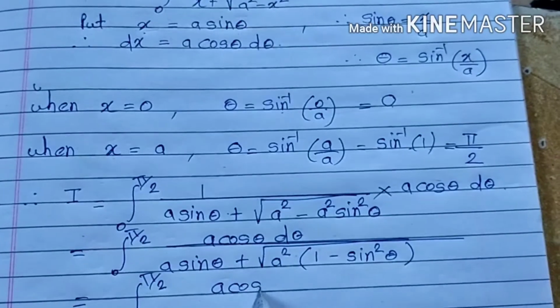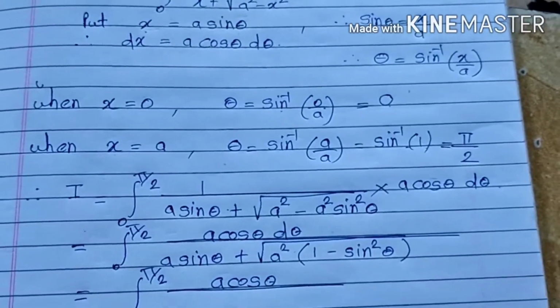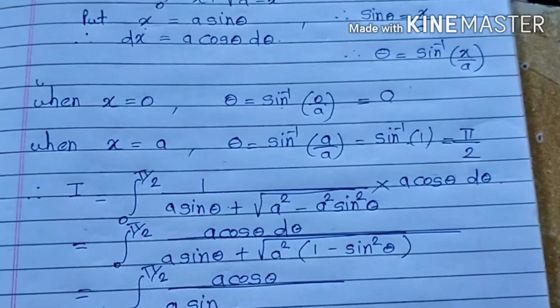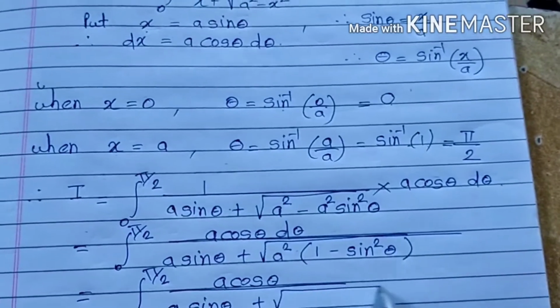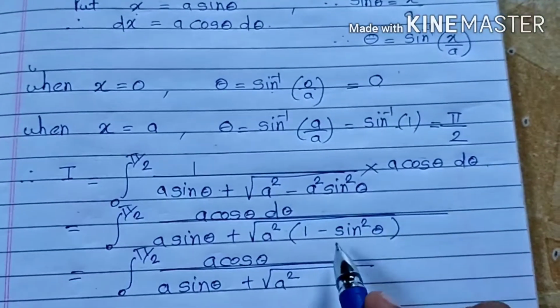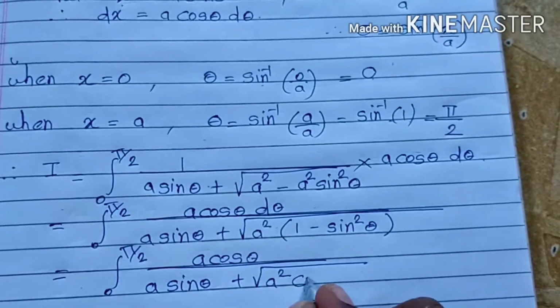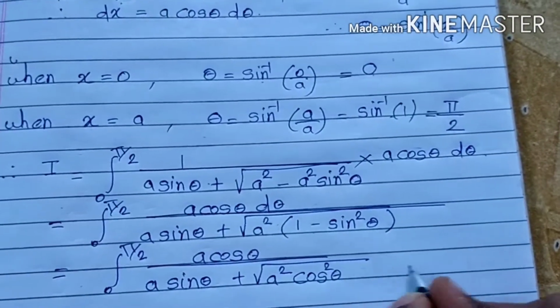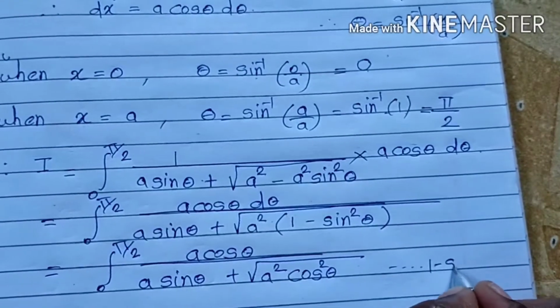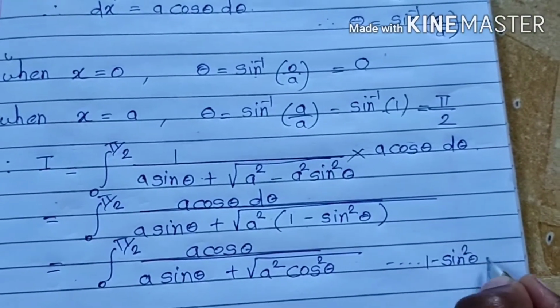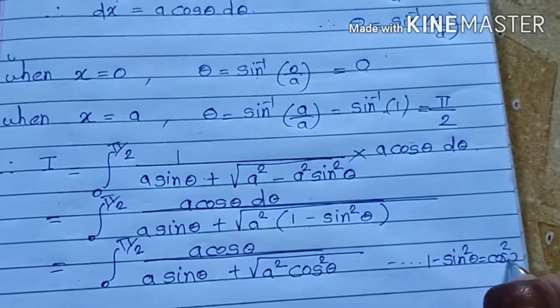Now from 0 to pi by 2, a cos theta upon a sin theta plus under root of a square. And by using the identity, 1 minus sin square theta is equal to cos square theta.